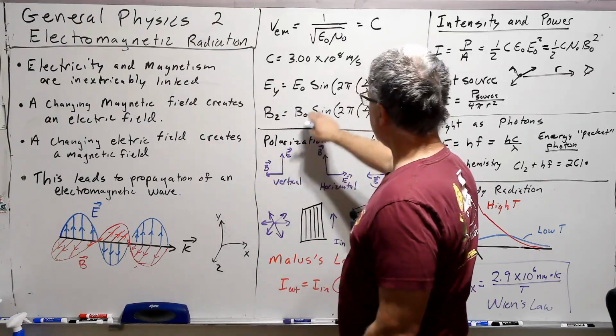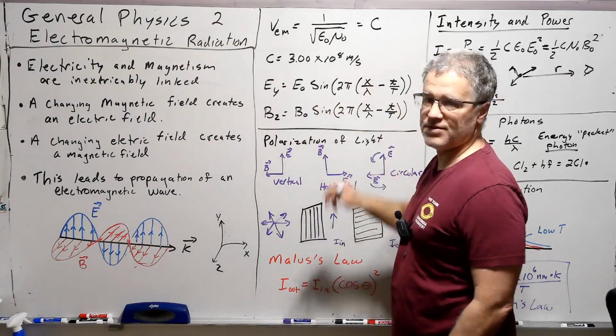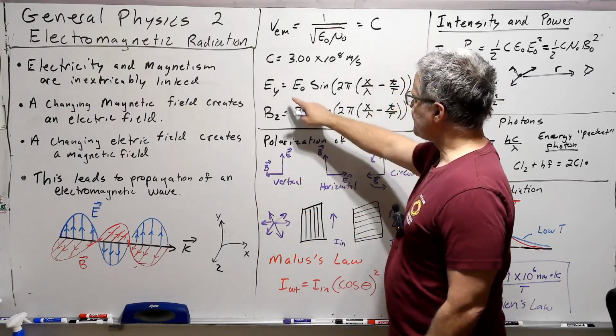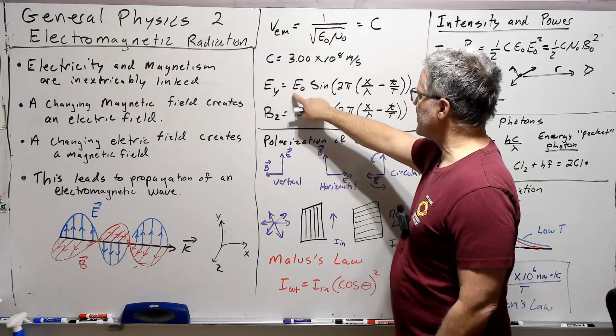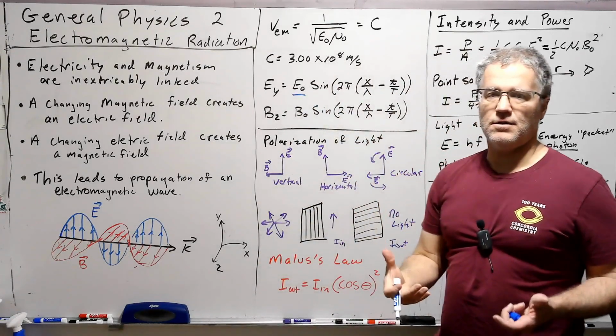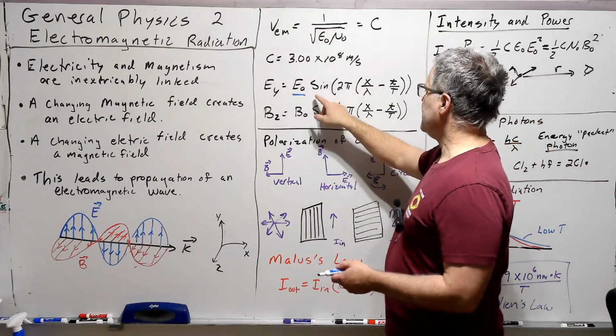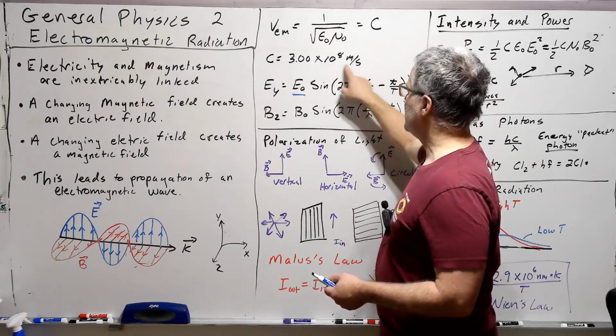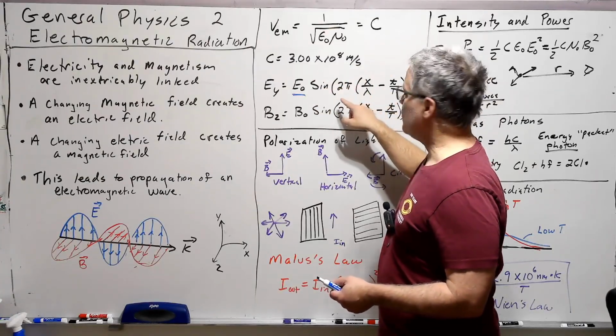As a mathematical equation, we've seen this before in terms of waves, but it certainly holds true with electromagnetic waves. The field in the y direction is some amplitude, E naught, the strength of the electric field, times a sinusoidal type wave.